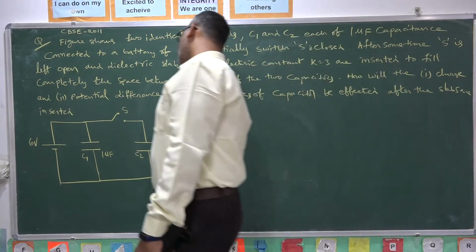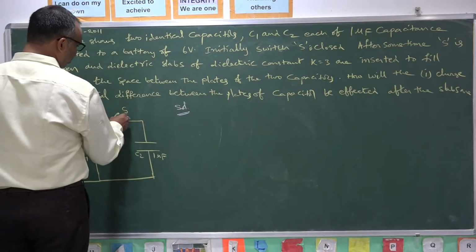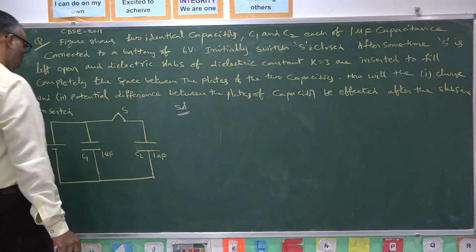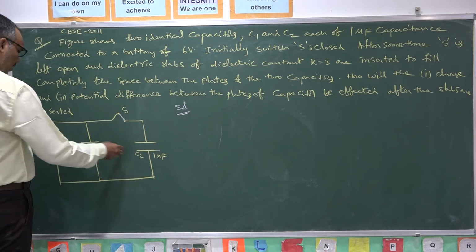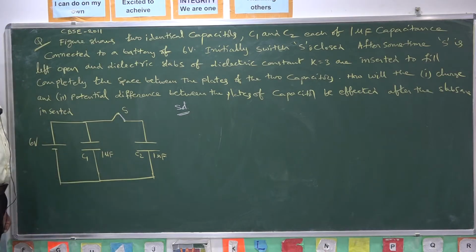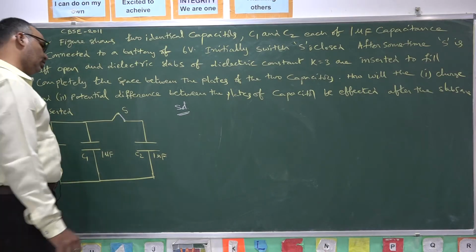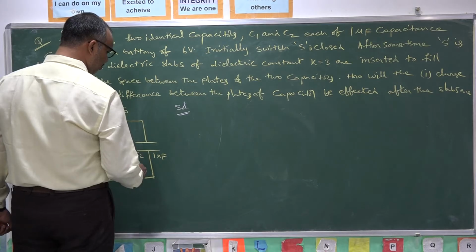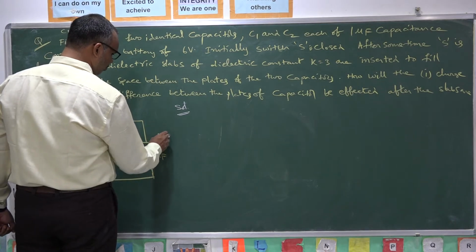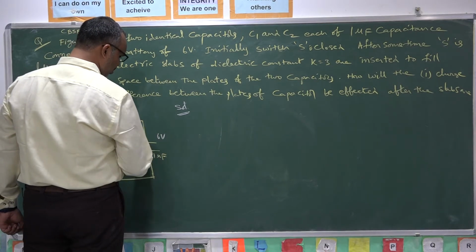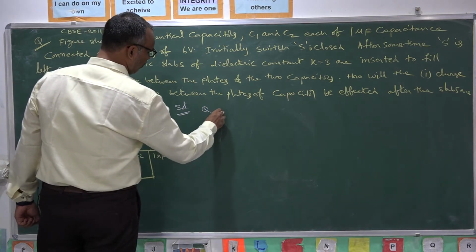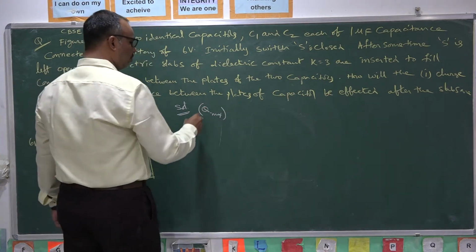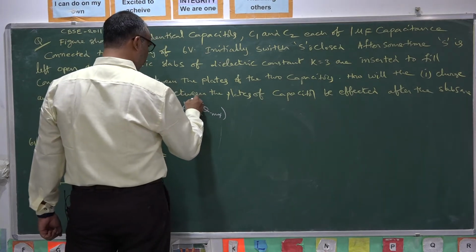If you come to the problem, initially switch S is closed. Once the switch S is closed, both are connected parallel to the supply. Hence, the potential attained over here becomes 6 volts. I am talking about C2.